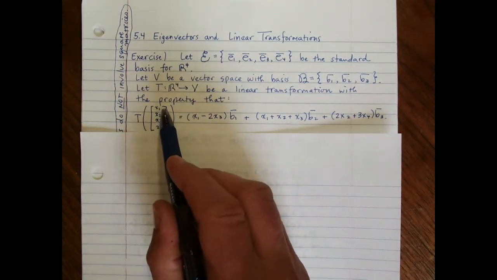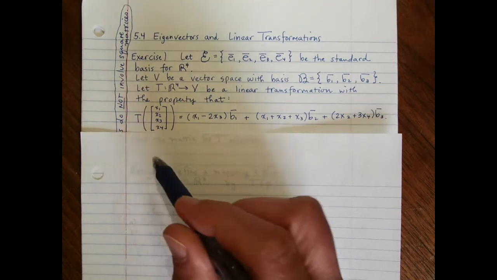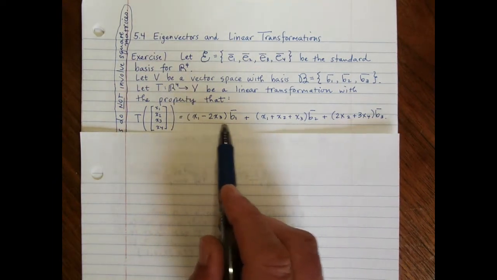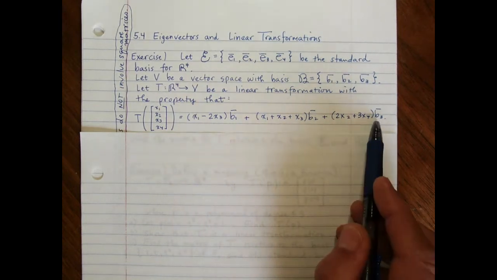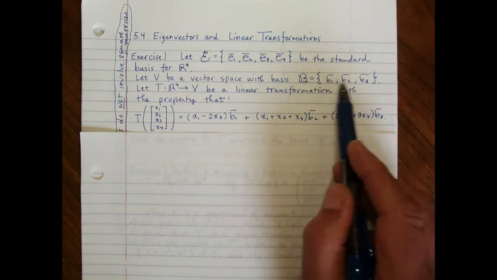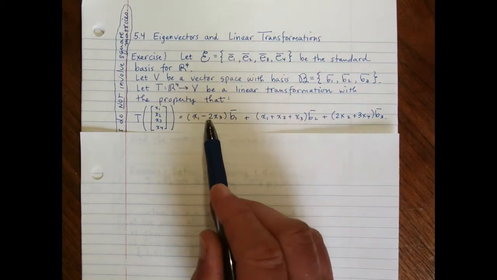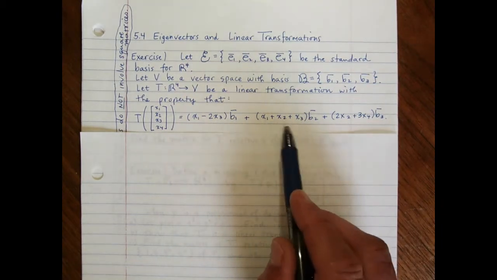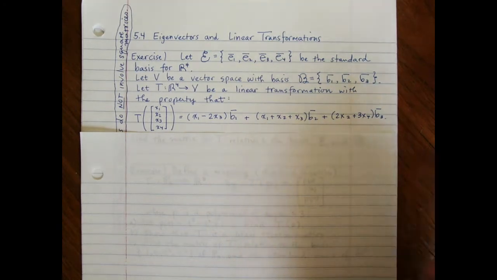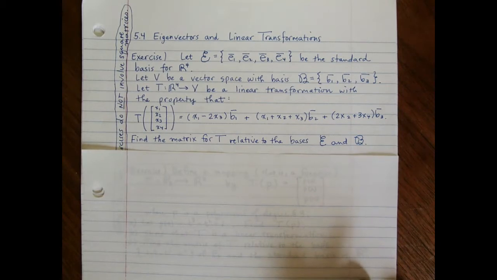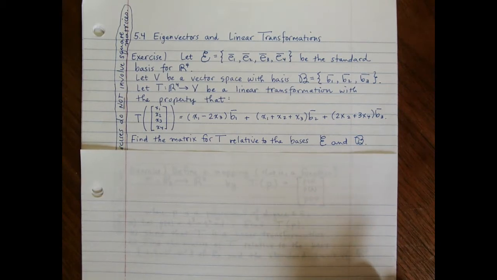T takes a four-component vector from R4 and assigns it to a linear combination of b1, b2, b3, the basis for the vector space V, according to this formula: (x1 - 2x3) b1 + (x1 + x2 + x3) b2 + (2x2 + 3x4) b3. What I'm asking you to do is find a matrix for T relative to the bases E and B. Now this is not a hard math problem.